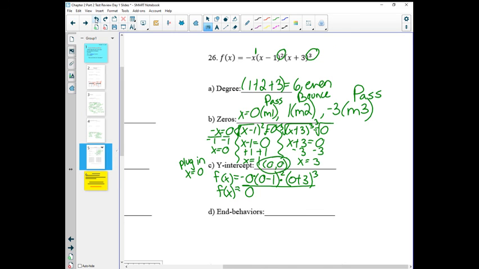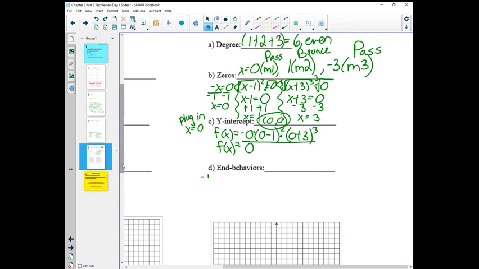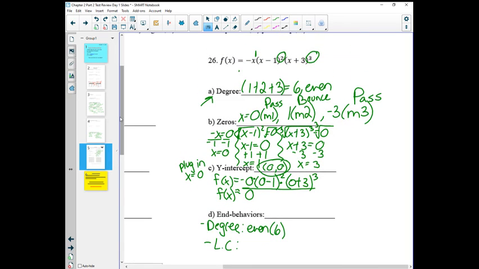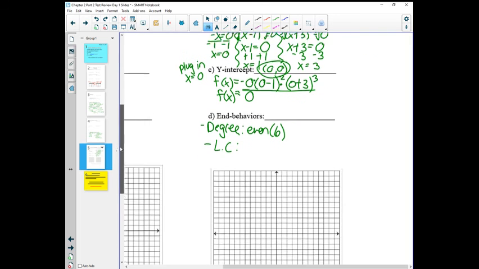The last thing we need to get here is the end behaviors. We find those looking at the degree and the leading coefficient. The degree we already said is even, because 6 is an even number. And the leading coefficient in the front here is negative.